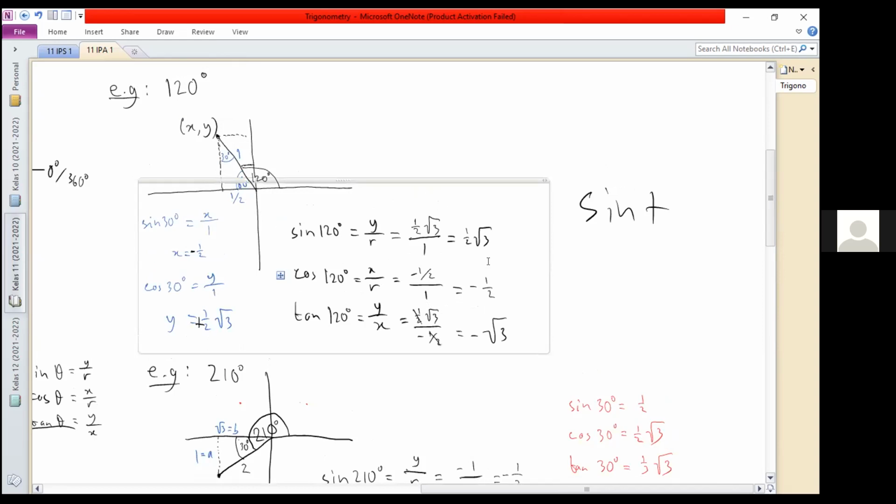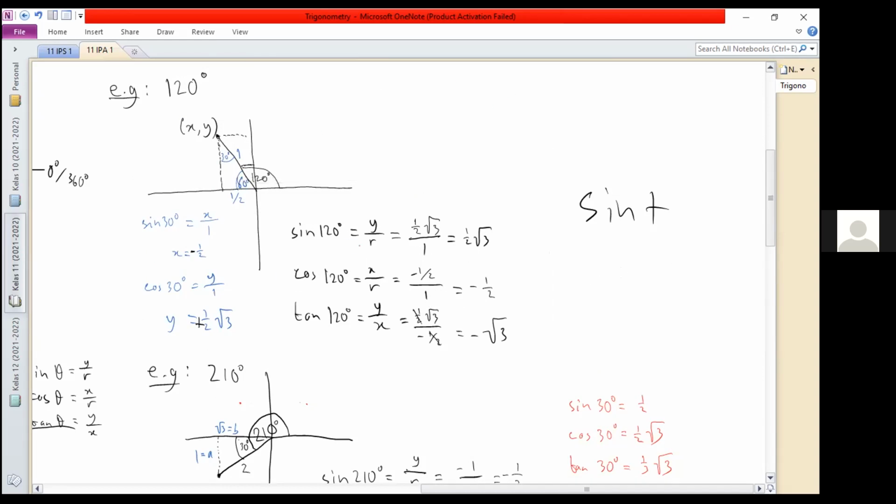But if you look closely, the sine of 120 degrees and the cosine of 30 degrees match. The cosine of 120 degrees is negative 1/2, and the sine of 30 degrees is 1/2, so it matches also. In this case, sine and cosine are reversed.